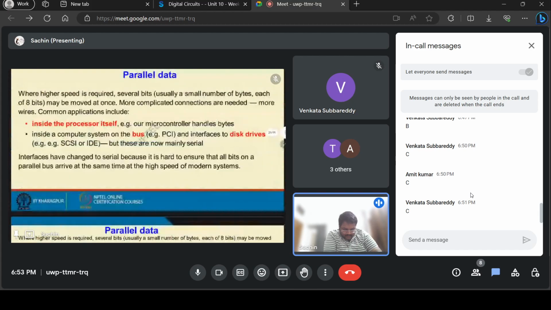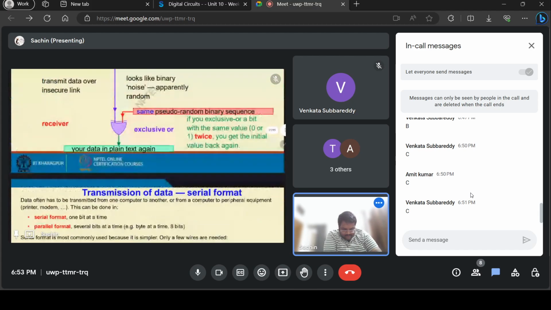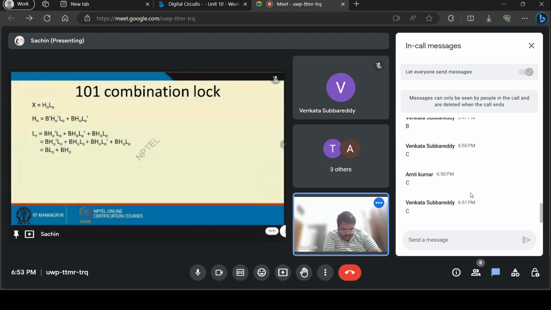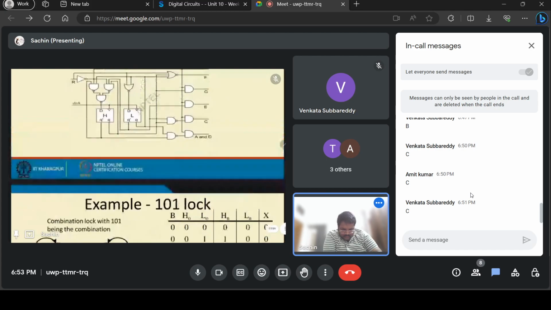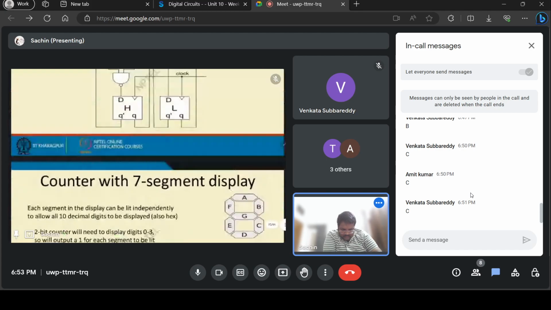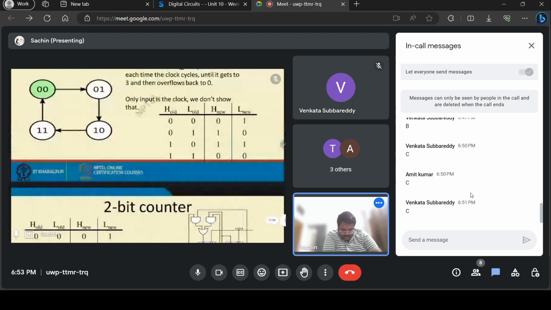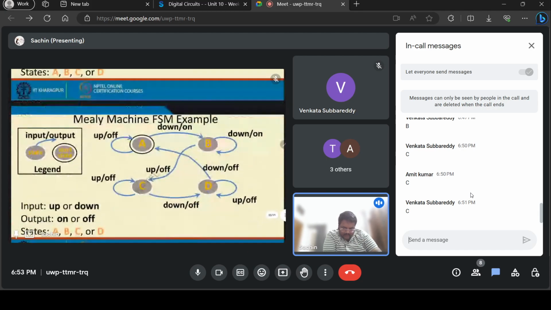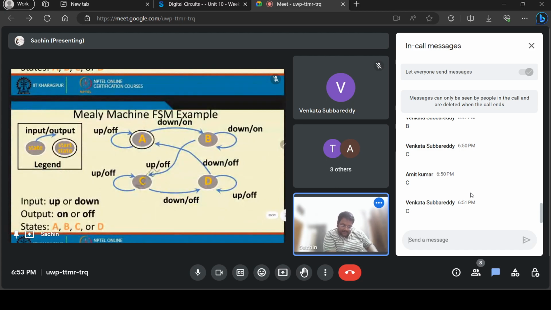Where is the part on finite state machines? Mealy machine. Okay.